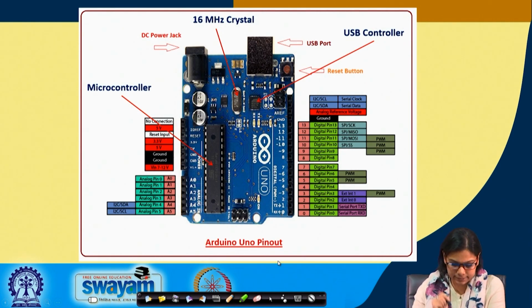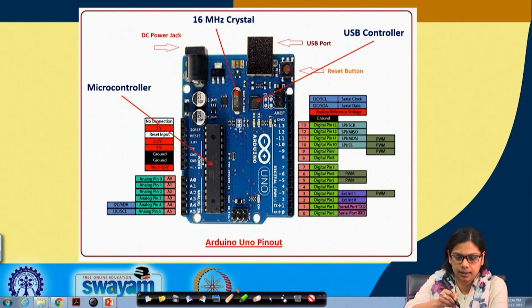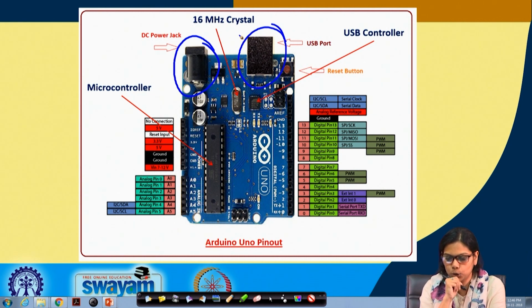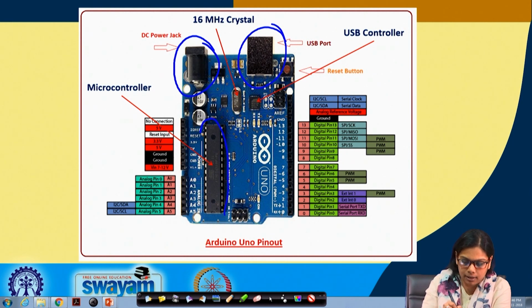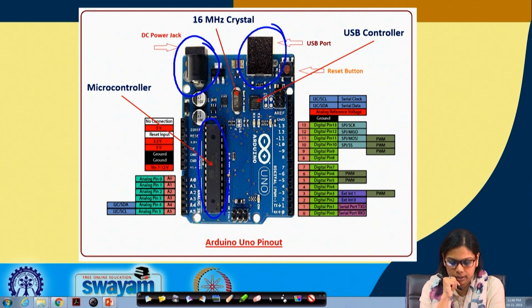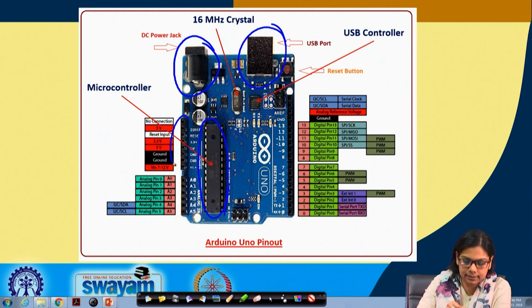So, this is the overall board. You can see I have already discussed this power jack. This is the USB port through which it can be connected. This is the Atmega microcontroller. These are the digital power supply pins.